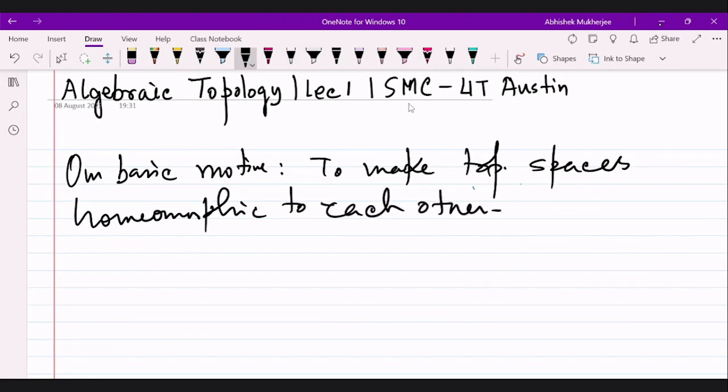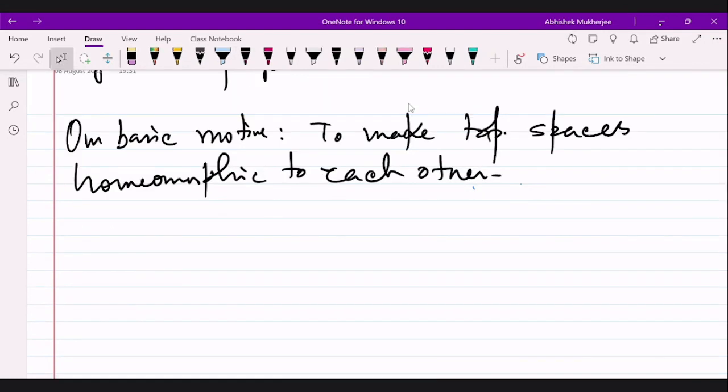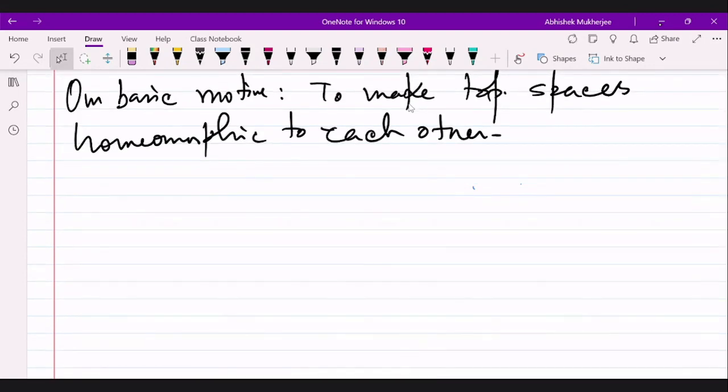That means you need to construct some map between two topological spaces, and that will be a bijective map that needs to be continuous, having continuous inverse. But sometimes constructing continuous maps having continuous inverse may be a cumbersome job.